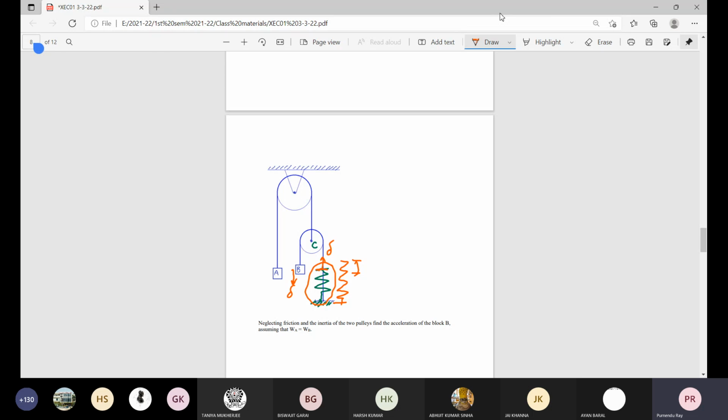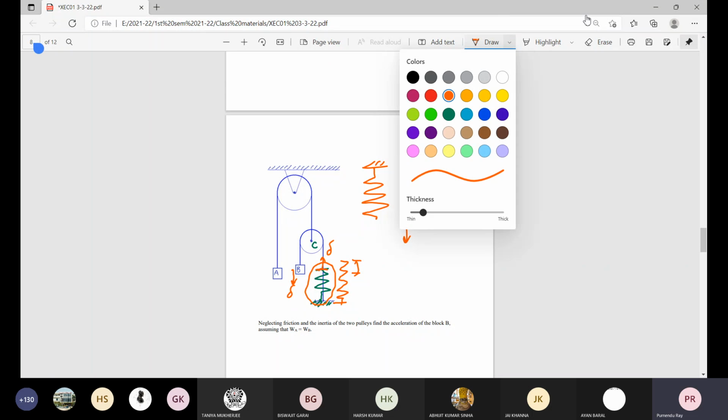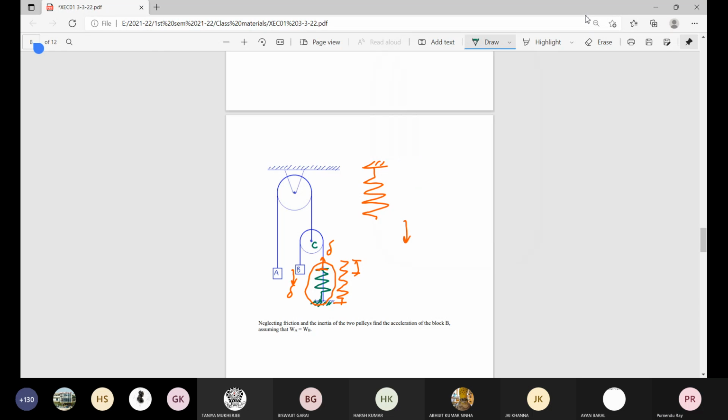Suppose here is a spring simply hanging from the ceiling. Now, if we apply any force at the free end downward, there will definitely be some length change.